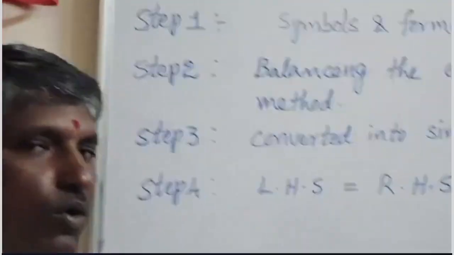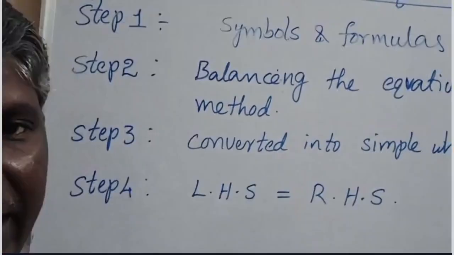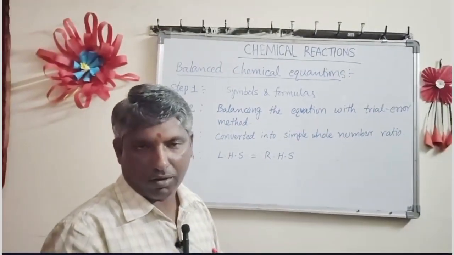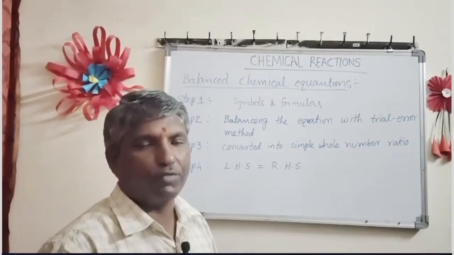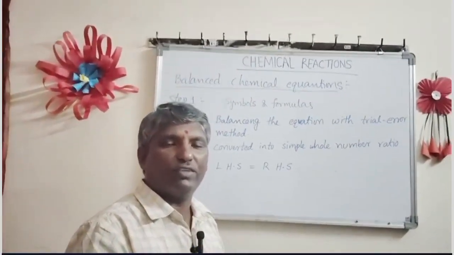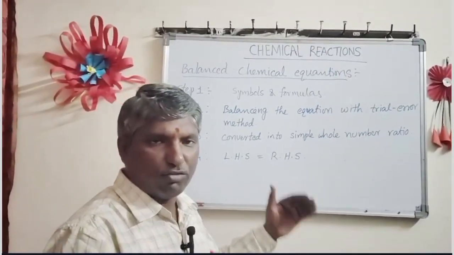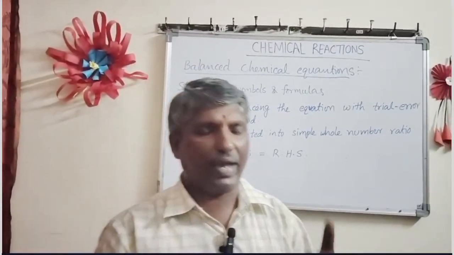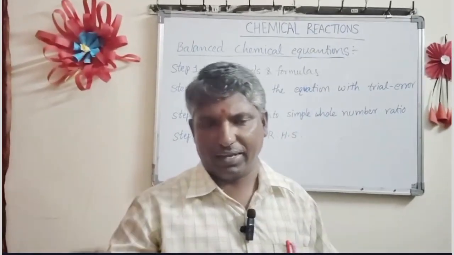And last step, we prove the reactants and product sides have an equal number of atoms or molecules. Therefore, LHS and RHS are equal. Using these four steps, we can make any equation a balanced chemical equation.